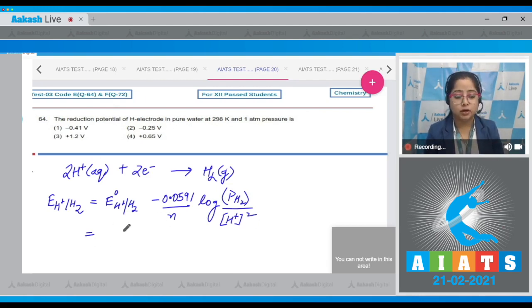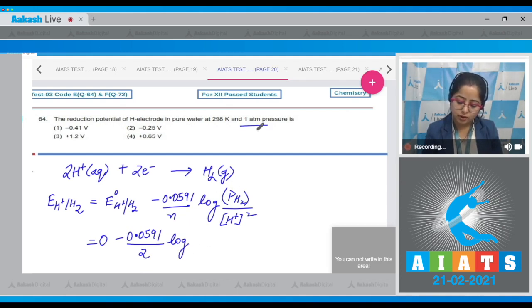Since we know that E naught for hydrogen electrode is equal to 0 minus 0.0591. The value of n is 2 log. The pressure here is 1 atm, and we know that for pure water the concentration of H+ ion is 10 raised to the power minus 7 molar.